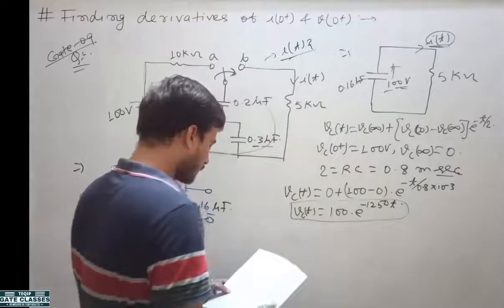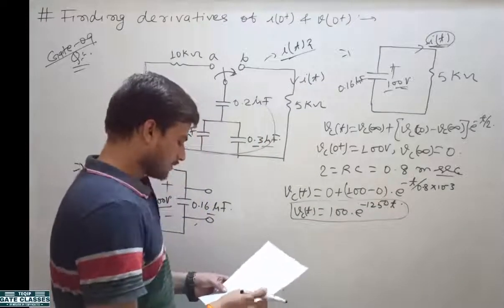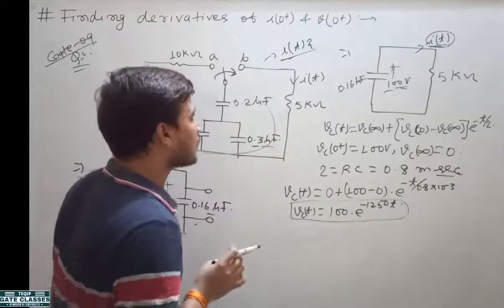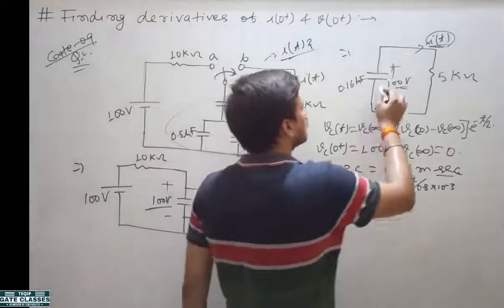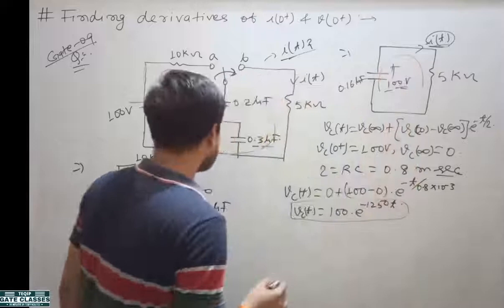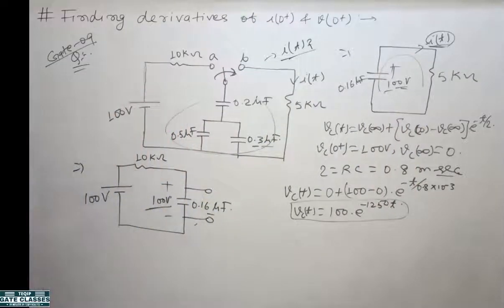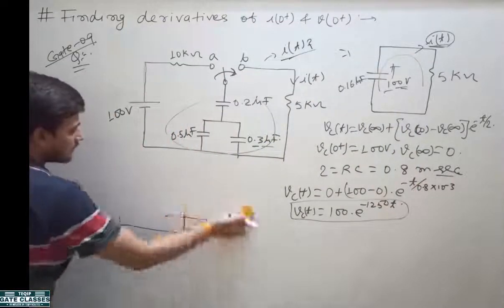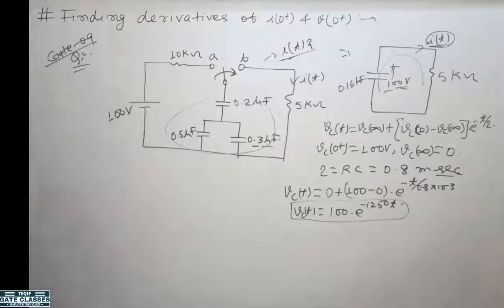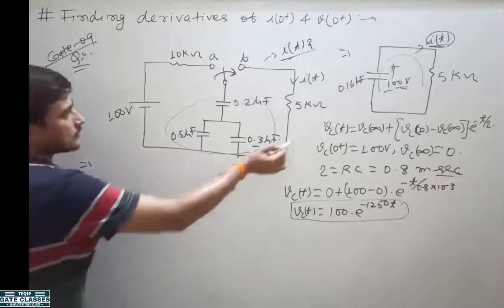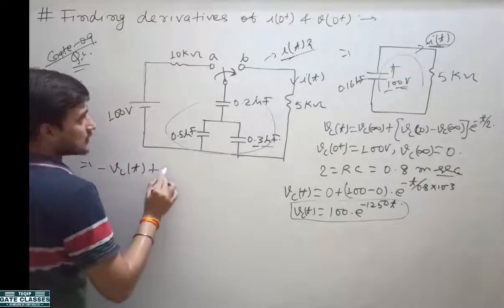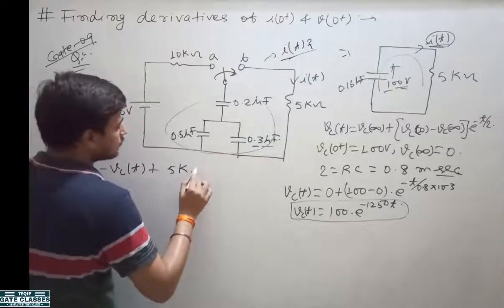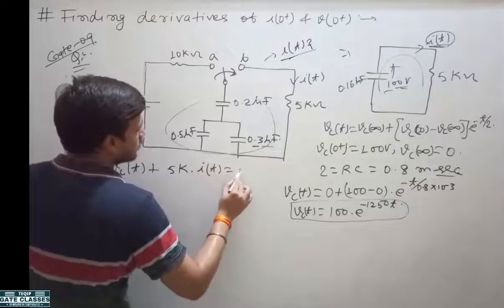Once you have the value of VCT, now we have to write the expression for current IT. So what will you do? You will simply apply KVL. If you apply KVL in the RC circuit, then you will get minus VCT plus 5K into IT equal to 0.